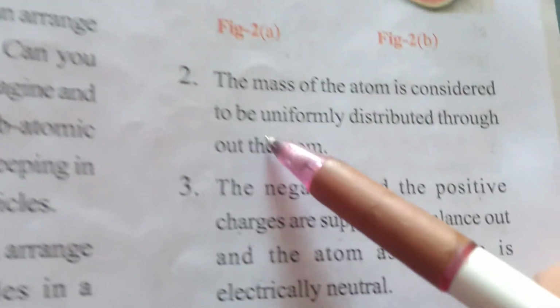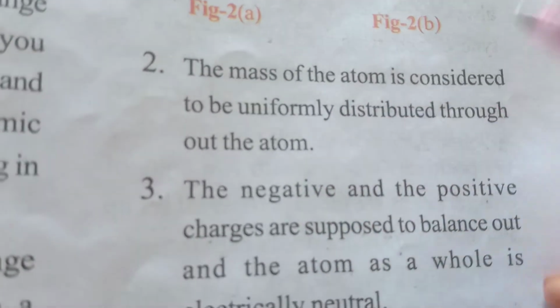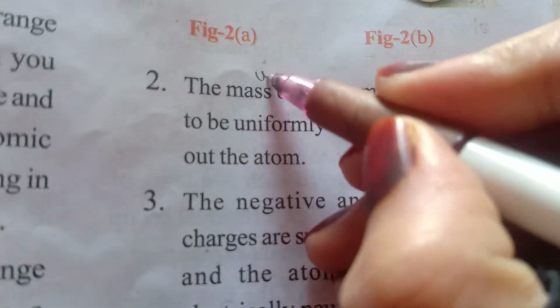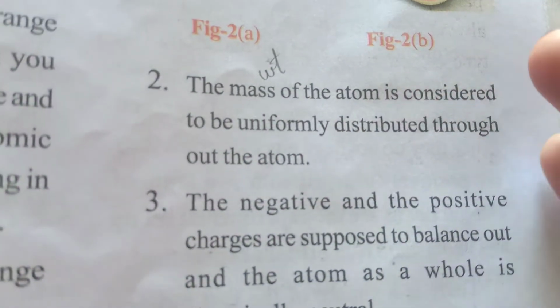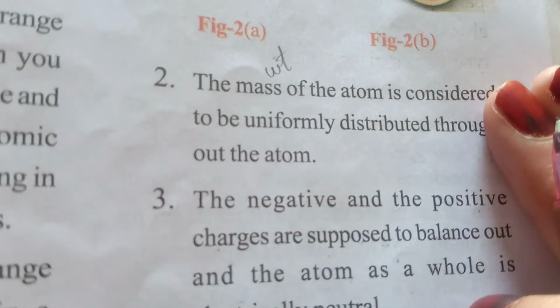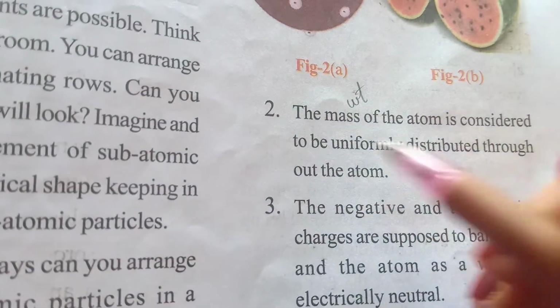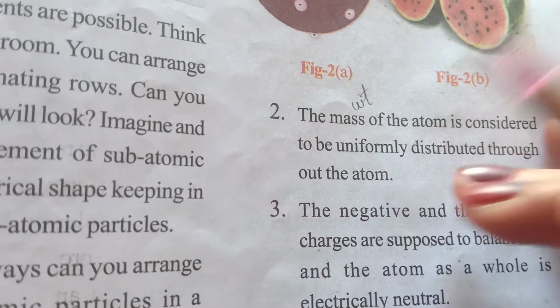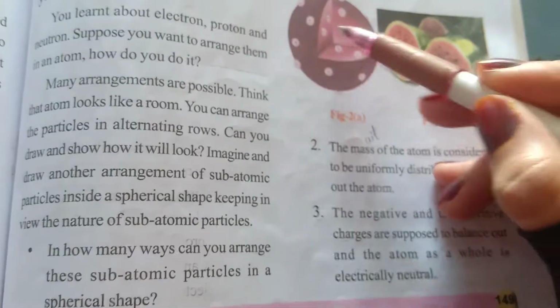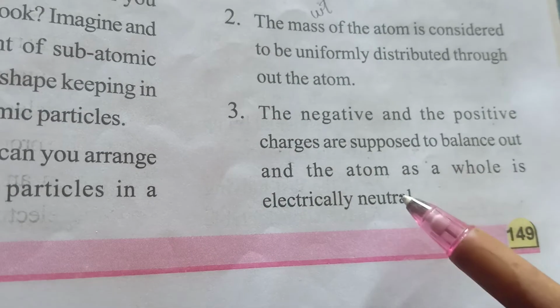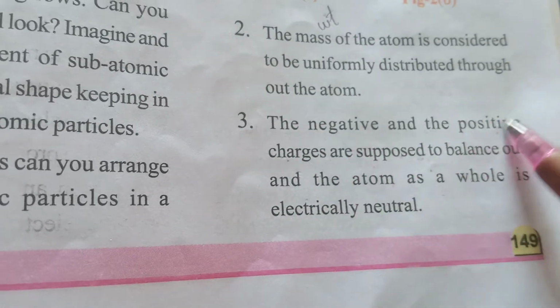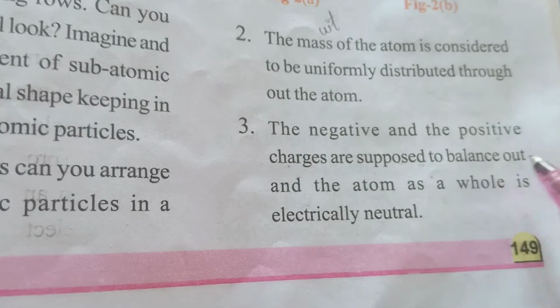Moving to the second point, the mass of the atom. Mass, as you all know, is weight. The weight of the atom is uniformly distributed, not unbalanced, with one side having too much and the other side only some. Here the mass of the atom is distributed throughout the atom. The third point says that negative and positive charges are supposed to balance out.